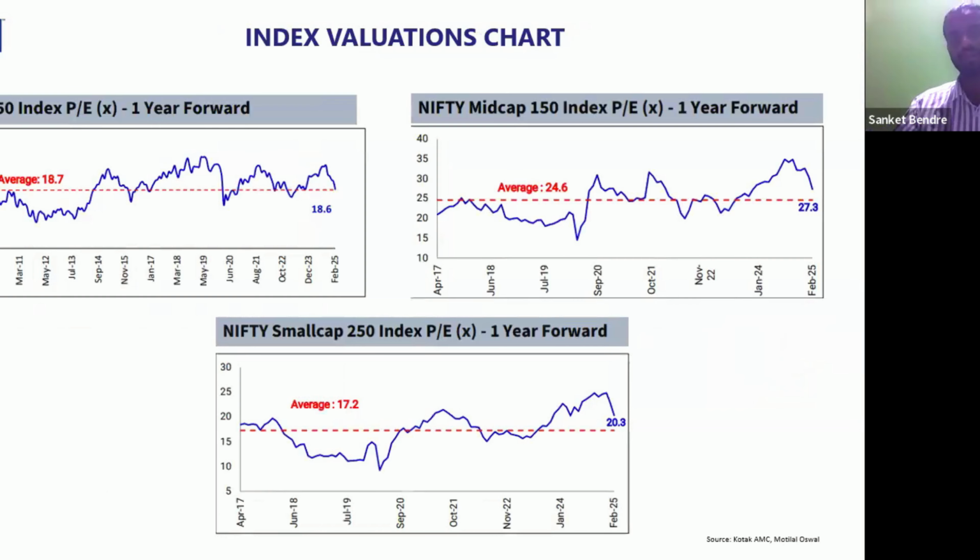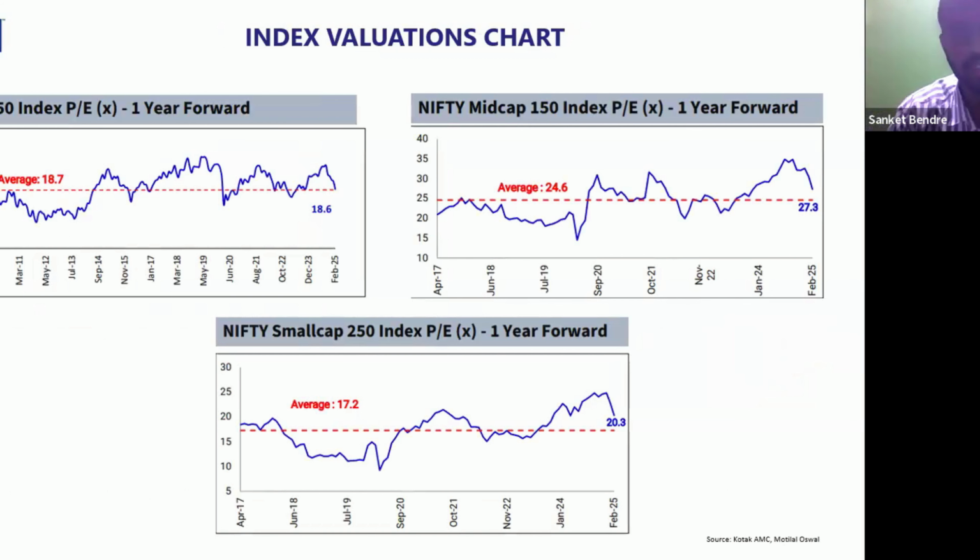On the next chart, we can see the index valuation chart. If we remember, in the last market outlook session, we saw that the Nifty 50 index was trading at a valuation of approximately 19.1 to 19.2 forward P/E. However, in the month of February, it came down to 18.6, which is closer to its fair average historical valuation of 18.7.